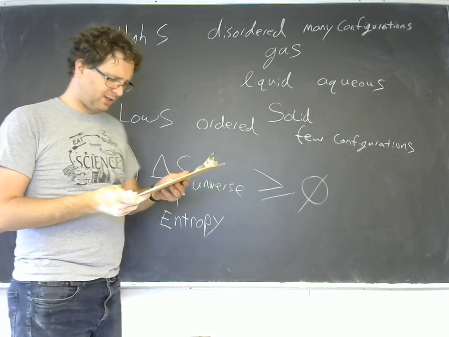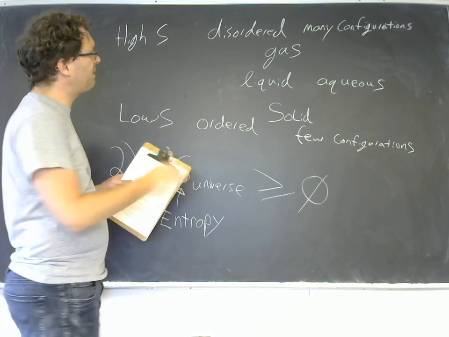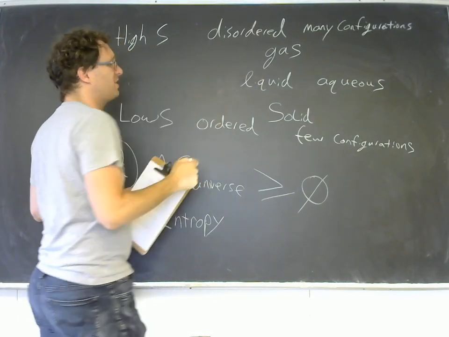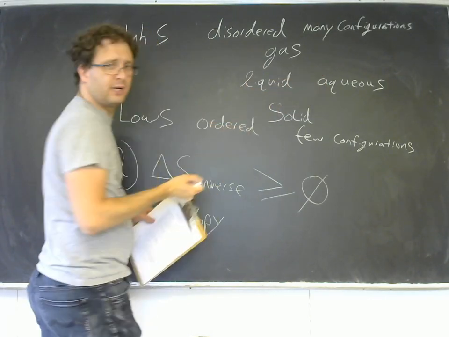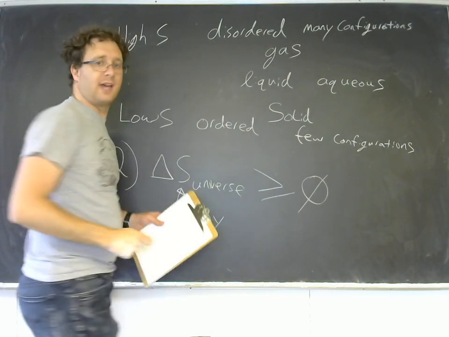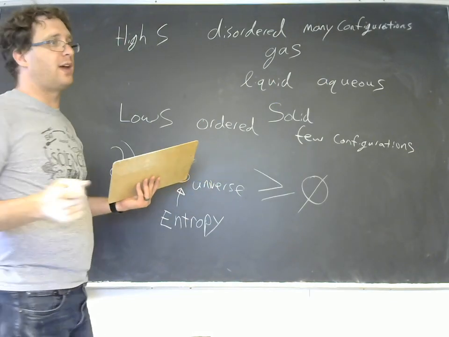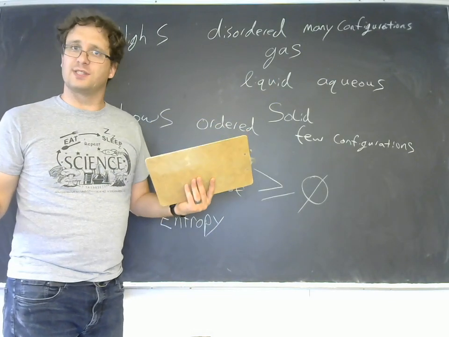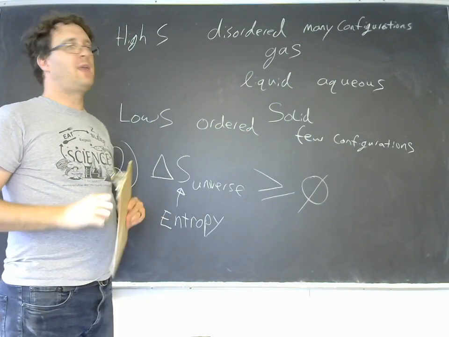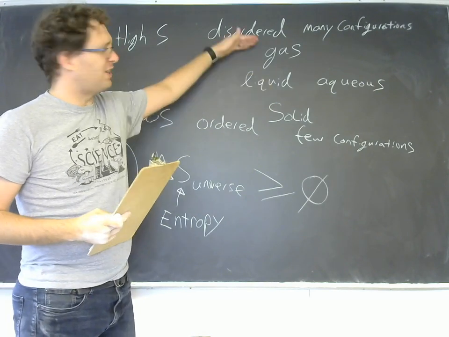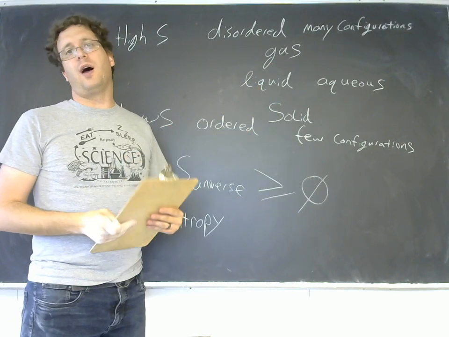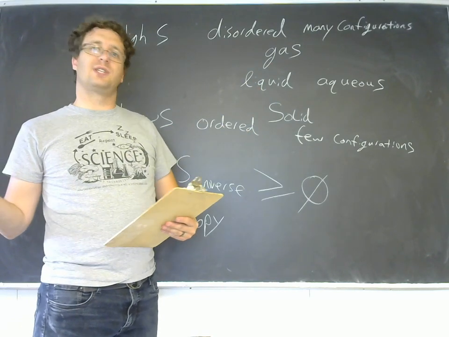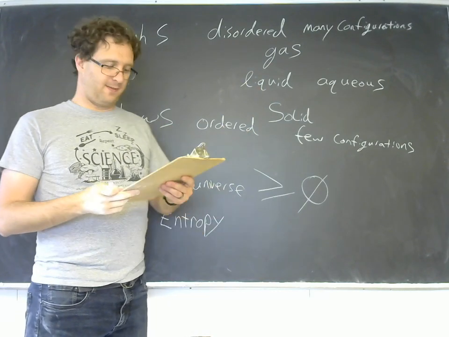Okay, so that means that upward phase changes from a solid to a liquid, or from a solid to aqueous phase, or from a liquid to a gas, will be a process where the entropy change for the system is positive. And a downward phase change, condensing a gas or freezing a liquid to a solid, will give an entropy change for the system which is negative.